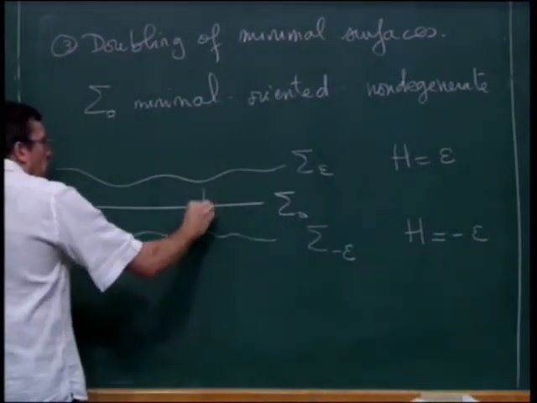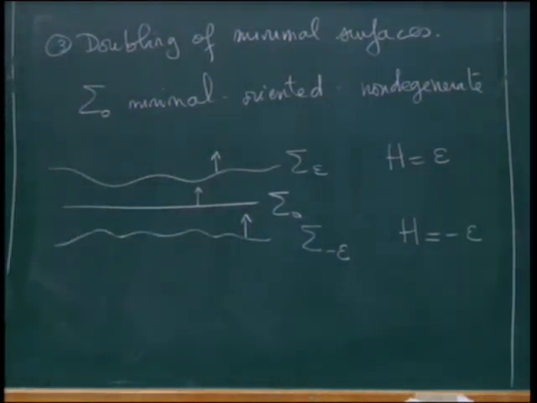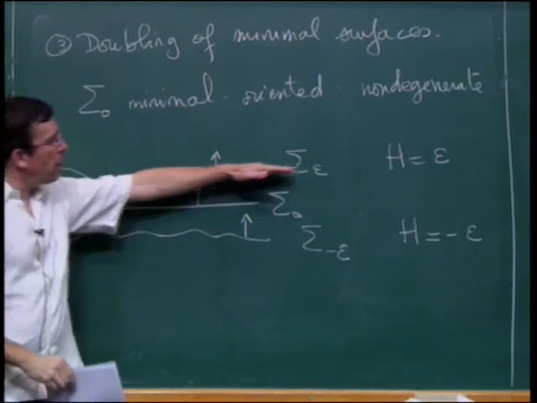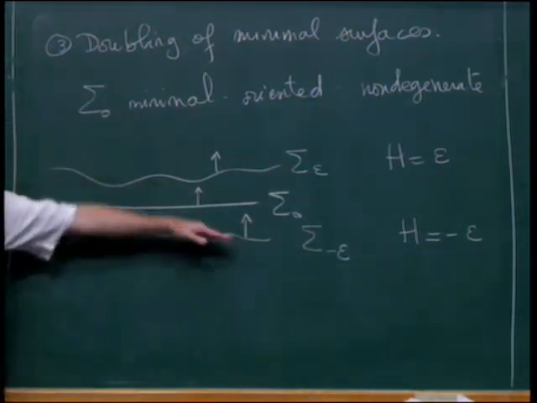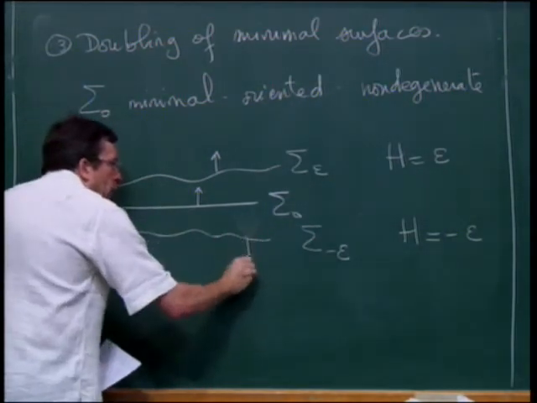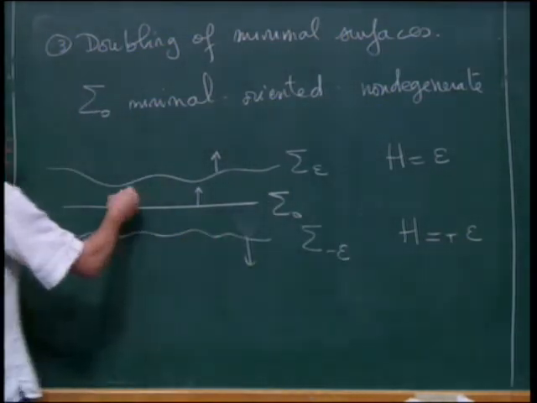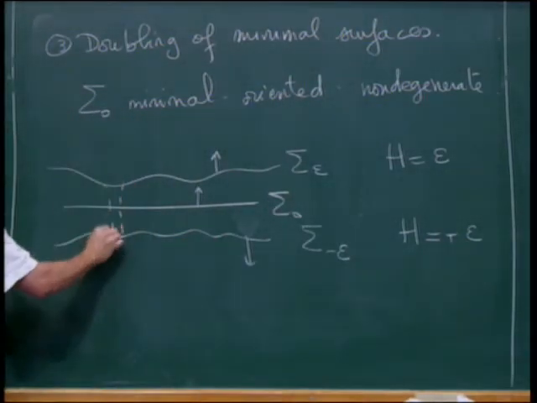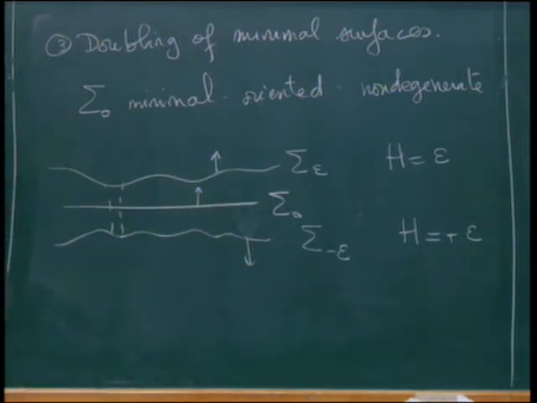If you orient everybody this way, this surface has mean curvature epsilon with this orientation, and this one has mean curvature minus epsilon. But if you switch the orientation here, they will have the same mean curvature, and you can try to perform a connected sum between this surface and that surface. This is what I call doubling of a minimal surface.